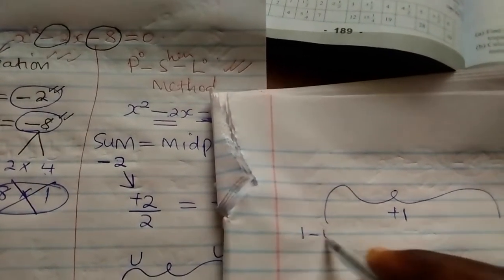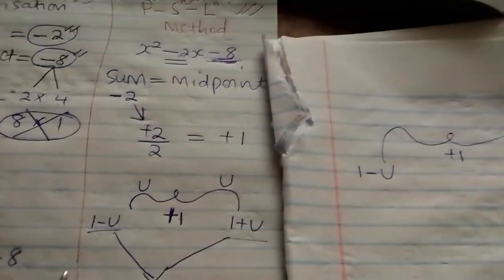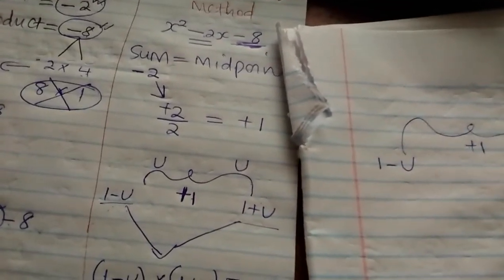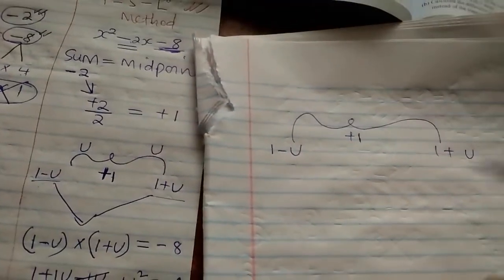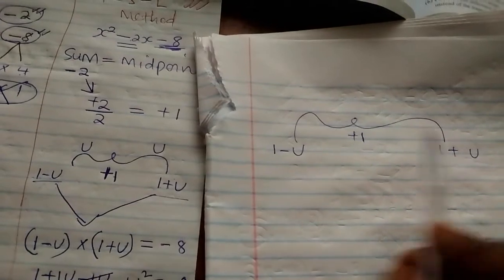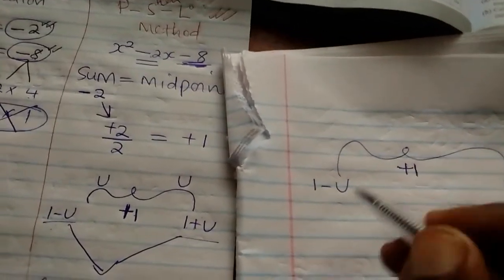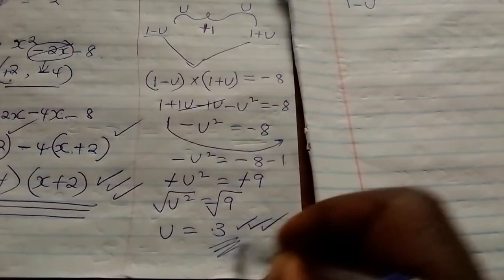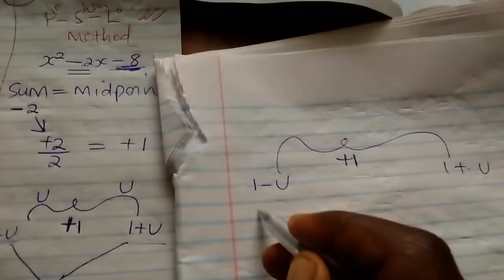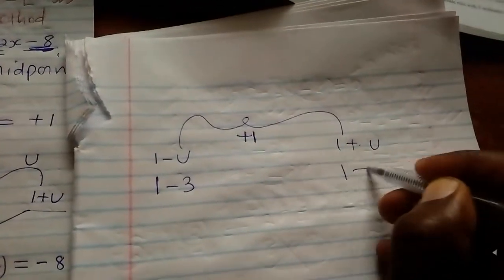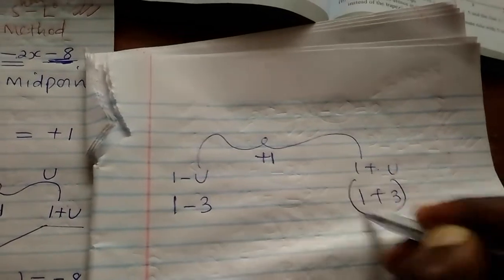Then I have here 1 minus u on this side, then I have 1 plus u. So positive 1. Then I know that u is 3 from my working. Then I'll say now 1 minus 3. Look at that. I'll say 1 plus 3. Okay.